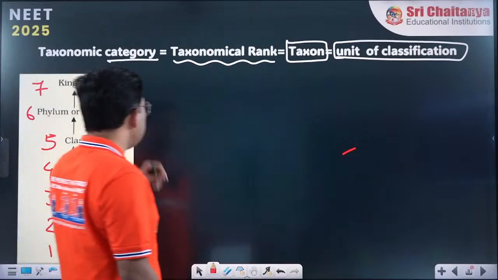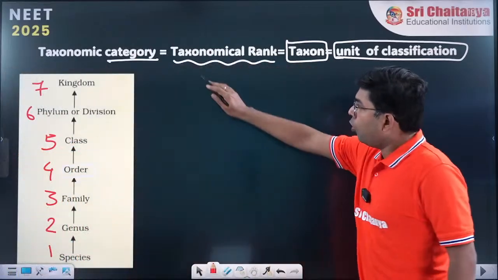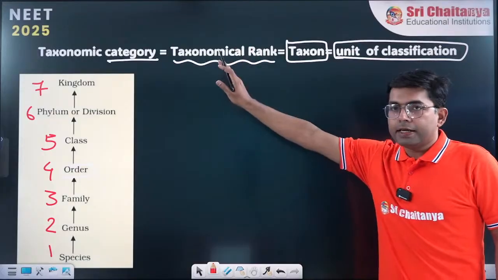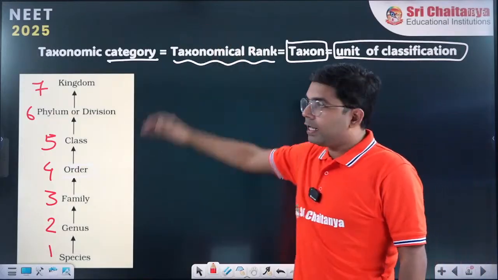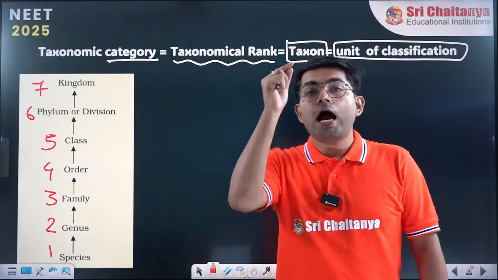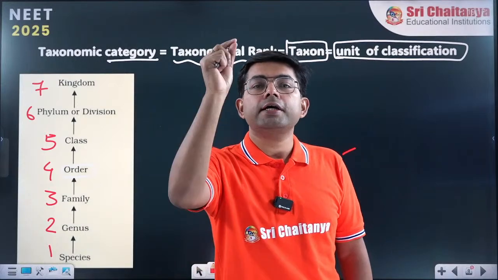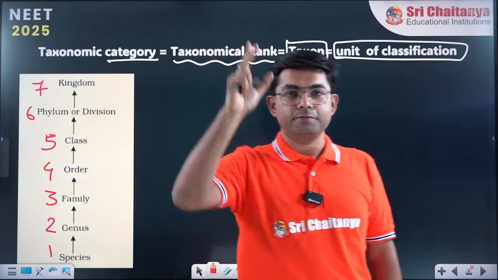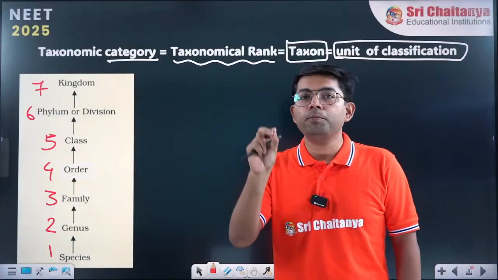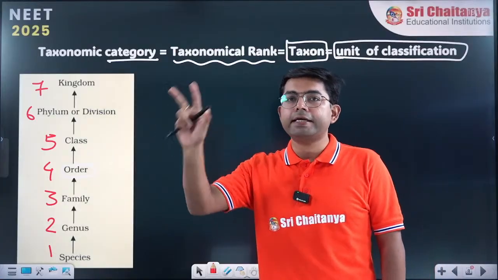Now here is one question: how many taxonomical categories are there?